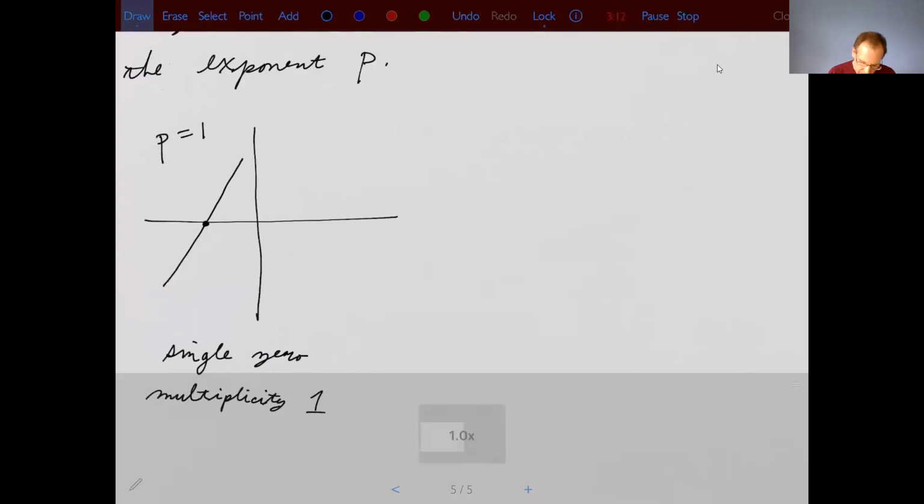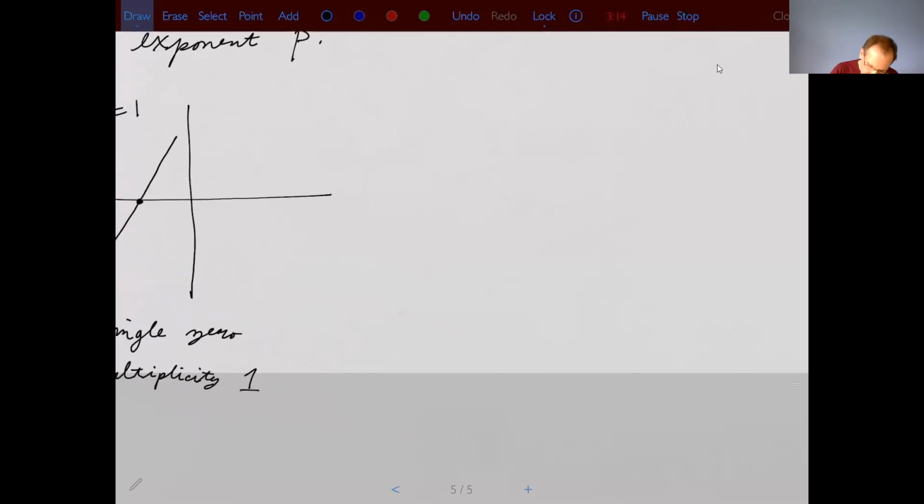Okay, next case. The exponent could be a 2. Let's say p is equal to 2. In that case, if you zoom in, let's say the root was right here, it's a double root, then the polynomial is going to look like a parabola that just touches the axis at that point there.